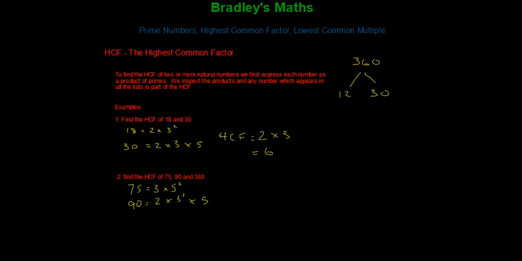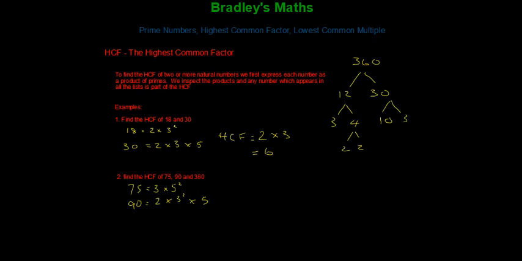Okay, 12 is 3 times 4. And there's my first prime number. 4 is 2 times 2. 30 is 10 times 3.